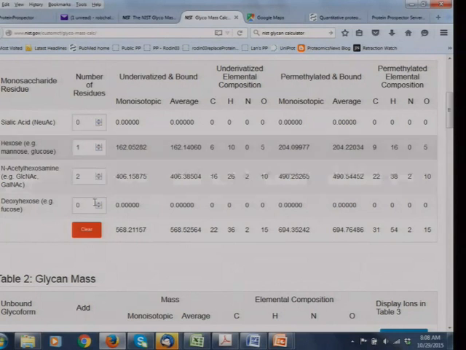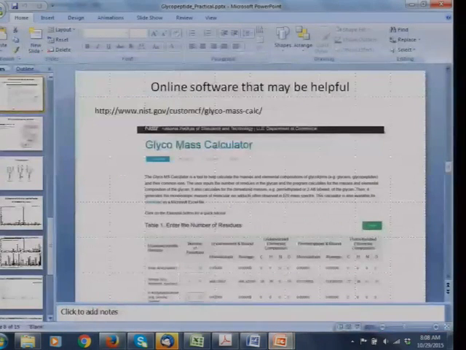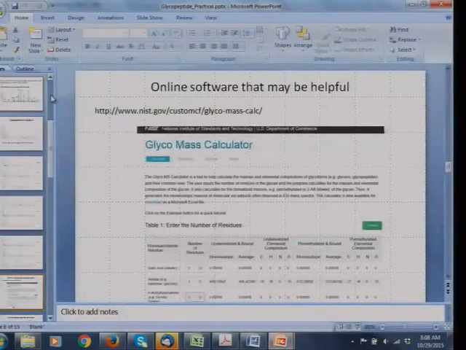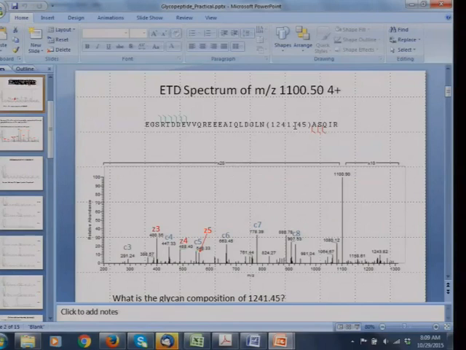And so if you remember from one of the earlier slides, we had a 1241. So using this piece of software, we should be able to work out what that 1241 actually is.